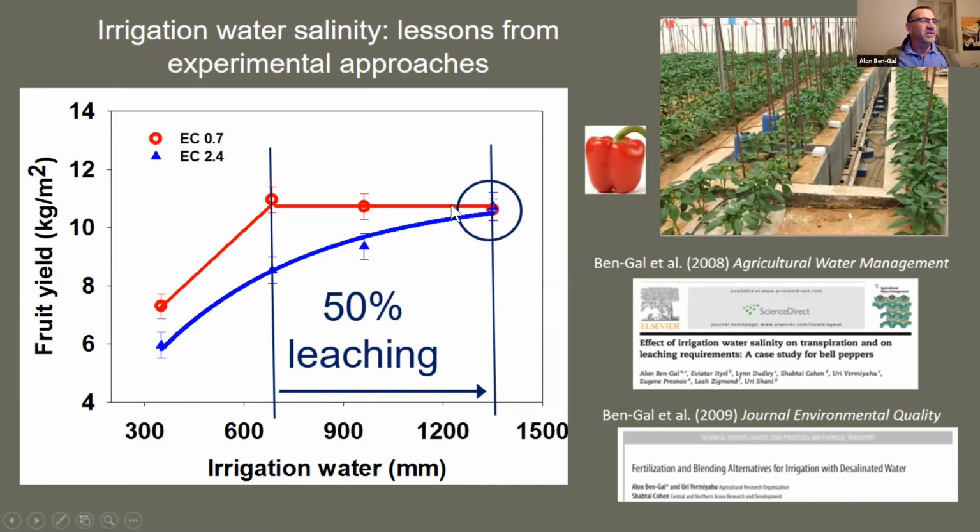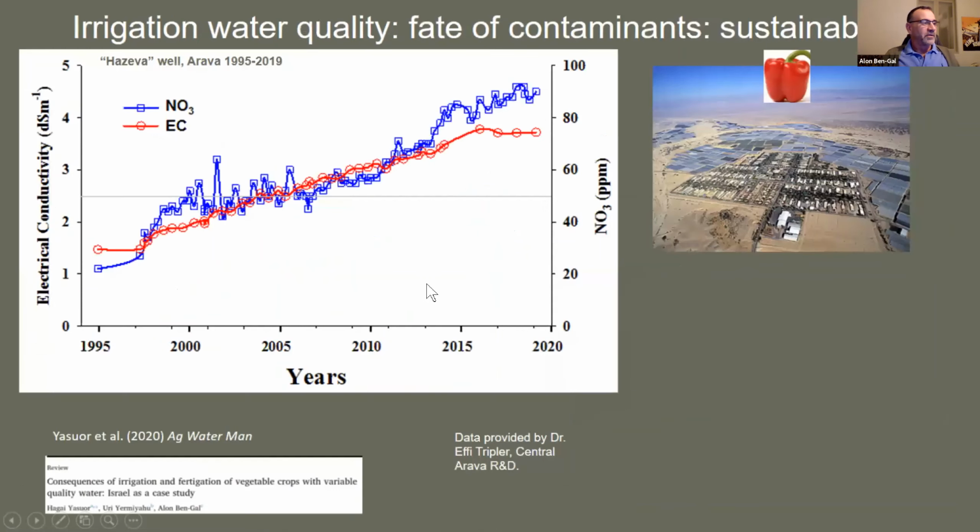If our farmers are succeeding in agriculture by putting on lots and lots of water, that water is going someplace. Now, that water is going someplace with salts in them, and that water is going someplace with all kinds of other potential contaminants. In this figure, we see 25 years of quality from a well that's downstream hydrologically from this area where there's intensive vegetable growing happening, mostly in the winter time.